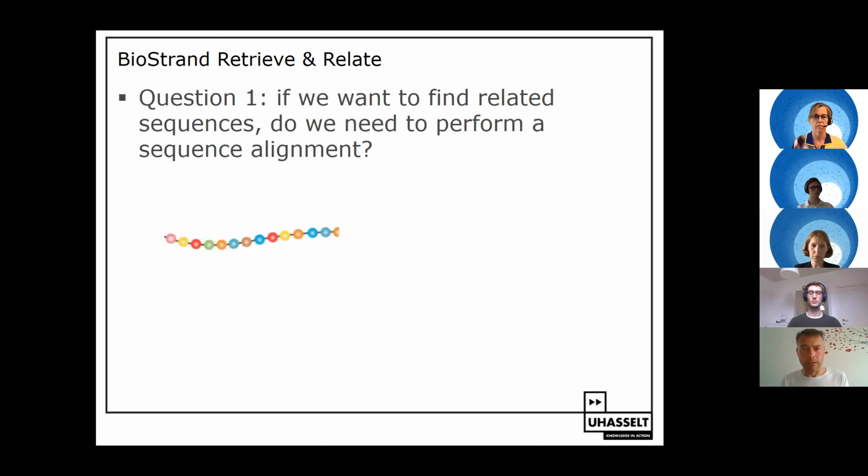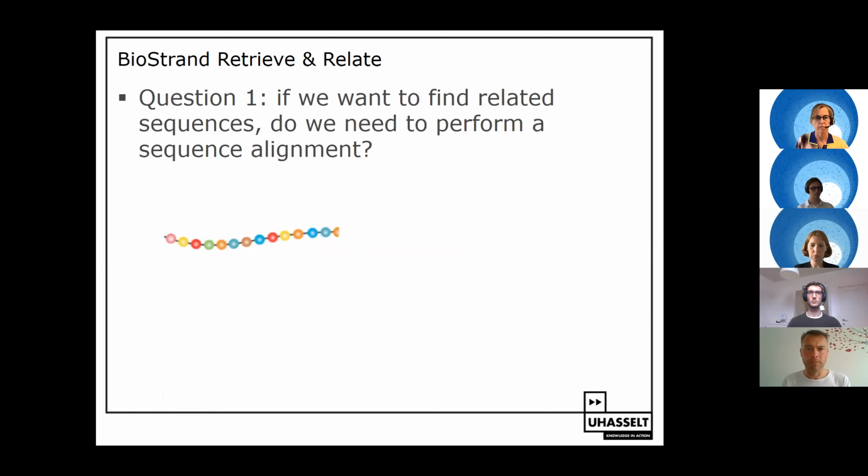Then, well, to recapitulate, up till now, sequence alignment and sequence similarity, those were the things that you had to do if you want to find related proteins or related sequences in a database. Now, then I met the crew from BioStrand, and they asked two very interesting questions, in my opinion.